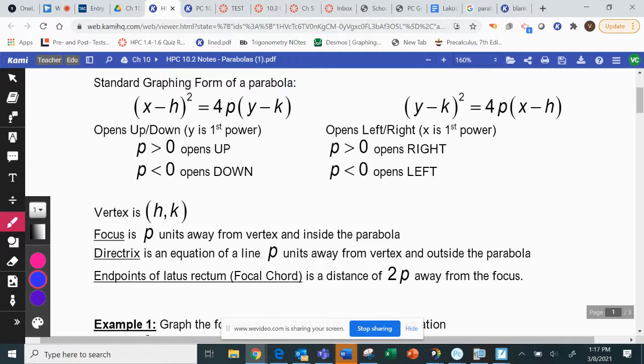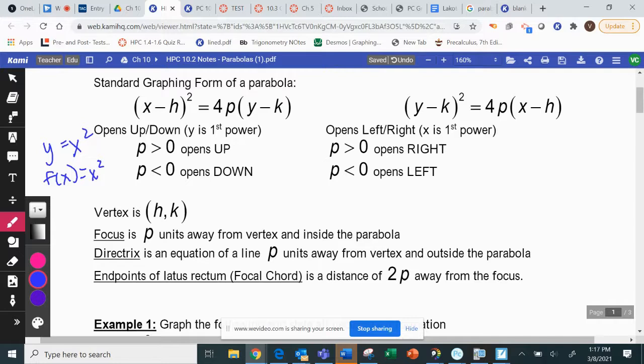How you can tell if it opens up or down would be when you think back to the parabolas that we tend to graph the most of. We tend to graph the most of the ones that are x squared, and those open up or down. Those are functions. We can write it as f of x.